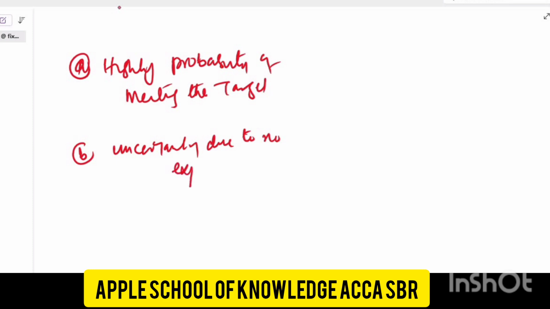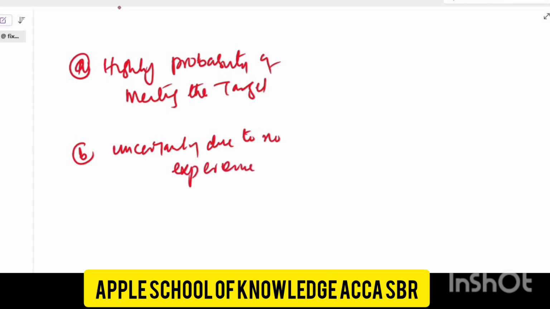So this means the first scenario was a high probability of meeting the target, and the second was uncertainty due to no experience.